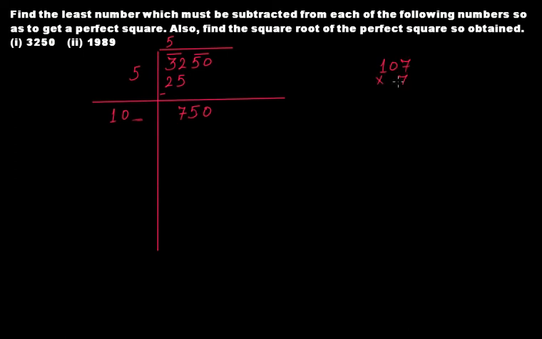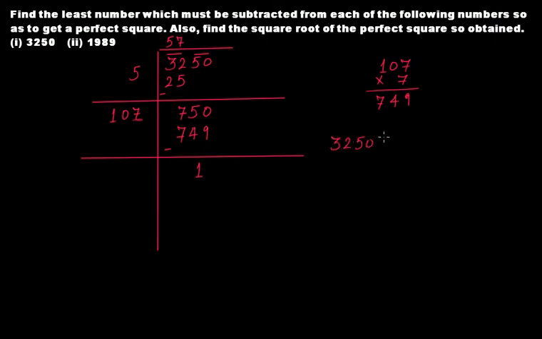So if you do this, you get 7 times 7 is 49 and 4. So you get 749. So here you'll put 7. When you subtract it, you get 1 as the remainder.